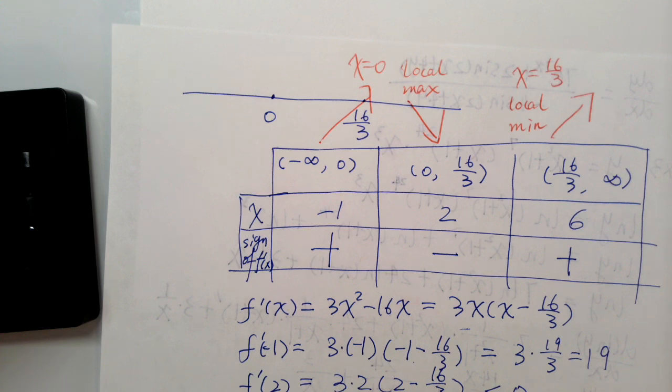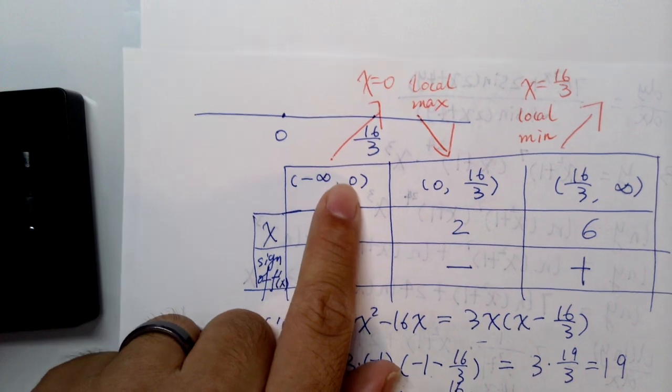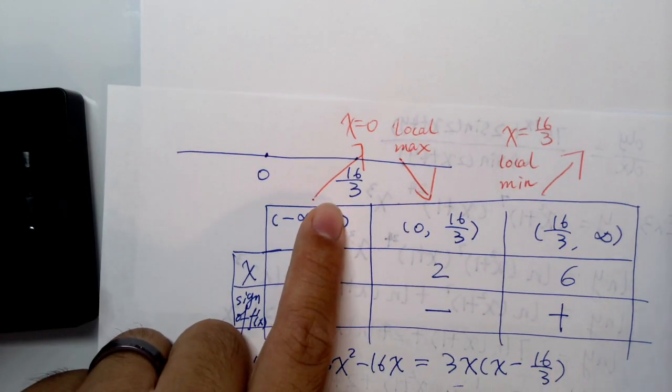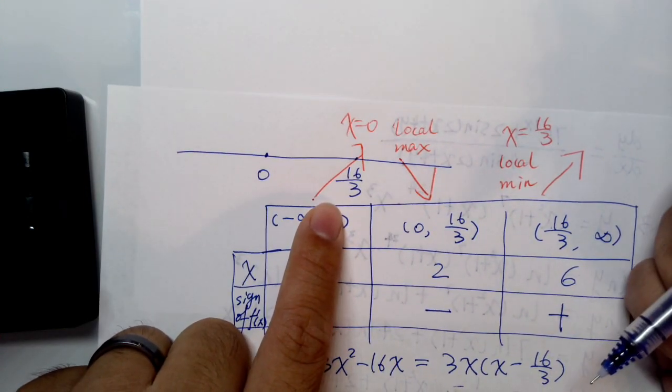Cool. How did you find the local max and local min? So this goes back to what we call the first derivative test.